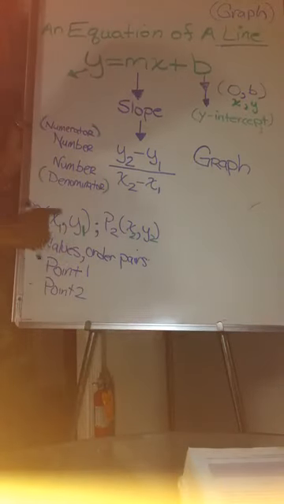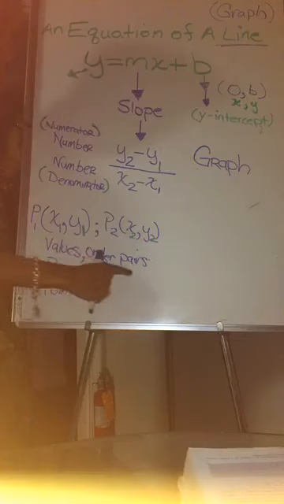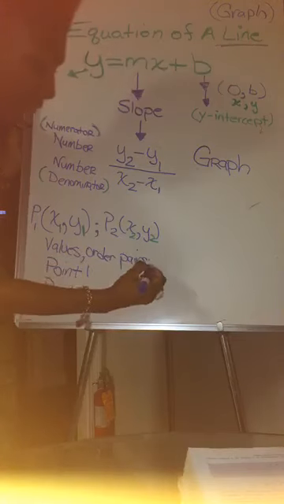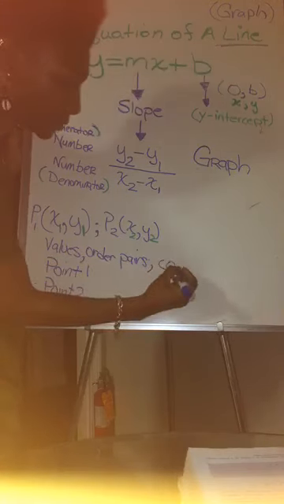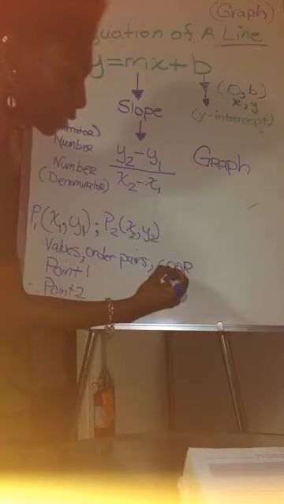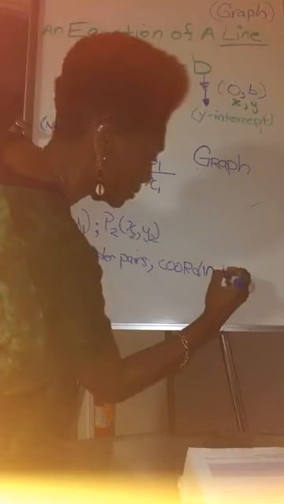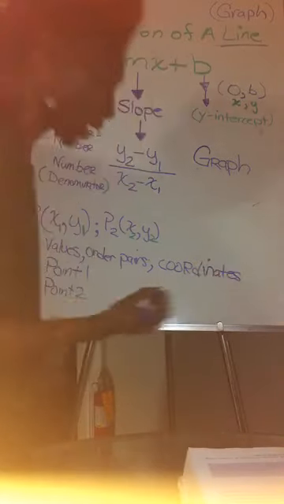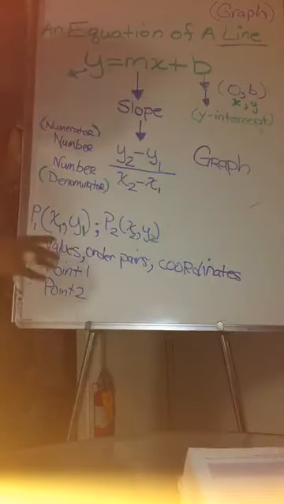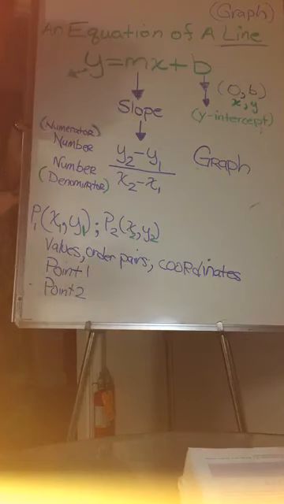So you want to graph it. So these points, which are called ordered pairs, or your, forgot the other name, coordinates. Coordinates.